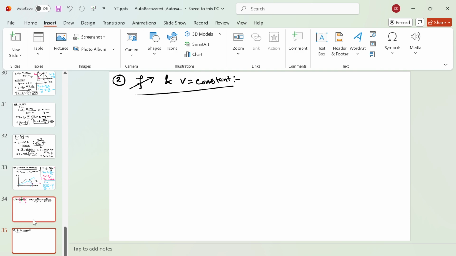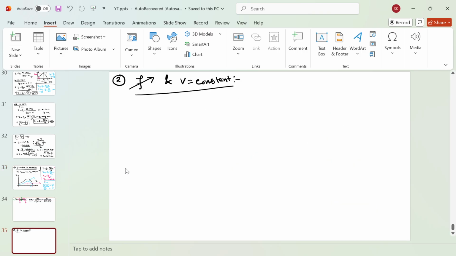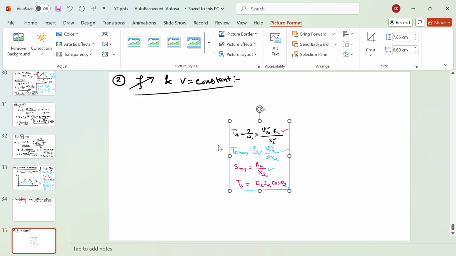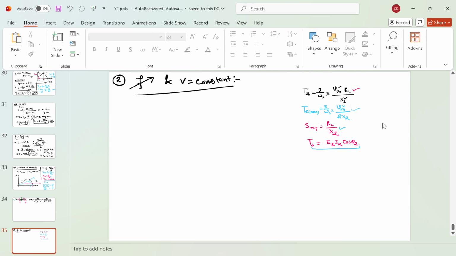Okay, maybe I can use these equations in my next analysis. These are the things that I need for this particular analysis. Let's see what will happen.